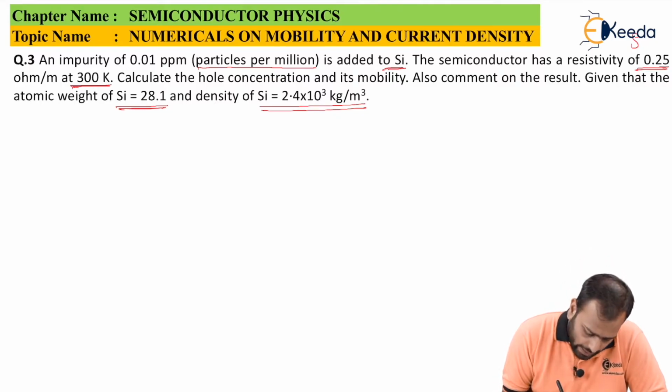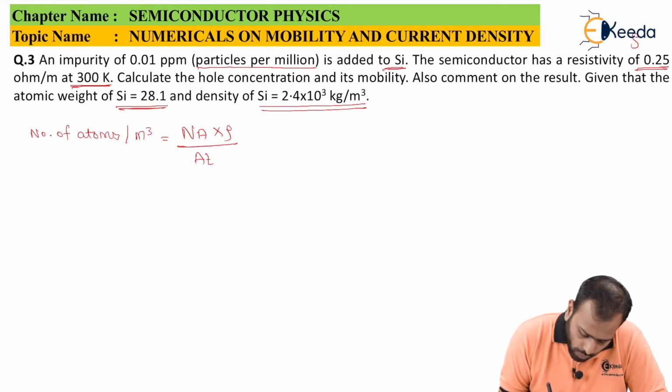So here we can say that the number of atoms per meter cube is nothing but Na, the Avogadro's number, into density divided by the atomic weight.